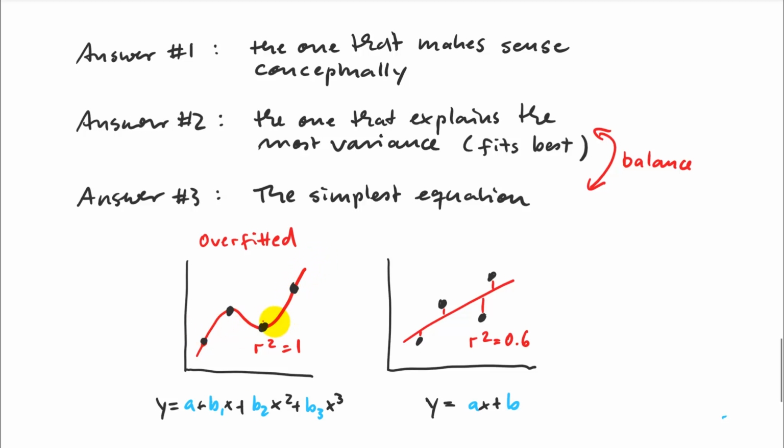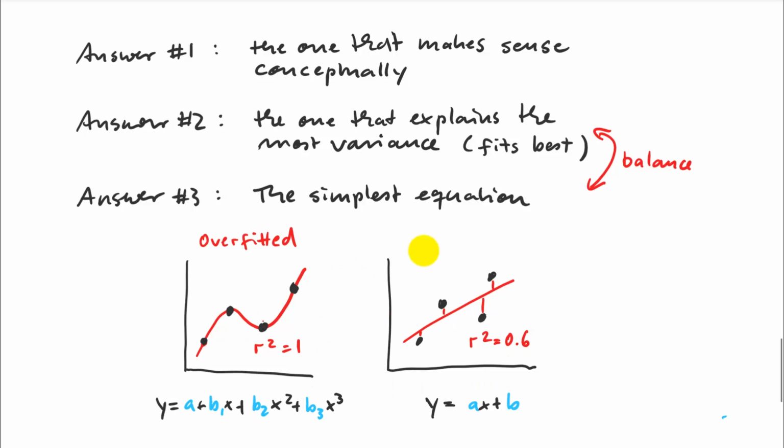But that is actually overfitted and it does not reflect reality. In reality, your data is noisy and some of these ups and downs are simply error. And if you were to estimate an intermediate point here, it would not fall exactly onto this line. So the right way to go about it in this case would be just to fit a linear equation. And normally you obviously have more than just 4 points, so this is just a conceptual example here.